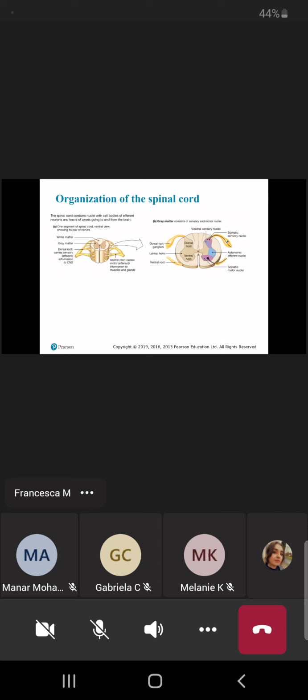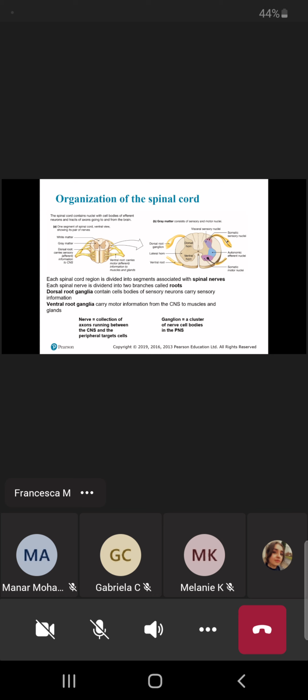If we look at the organization in more detail, you can say that the spinal cord is divided into gray and white matter. As we said, the gray matter is composed of cell bodies, the nuclei that lie in the internal portion of the spinal cord, and it is surrounded by white matter, so by myelinated axons.